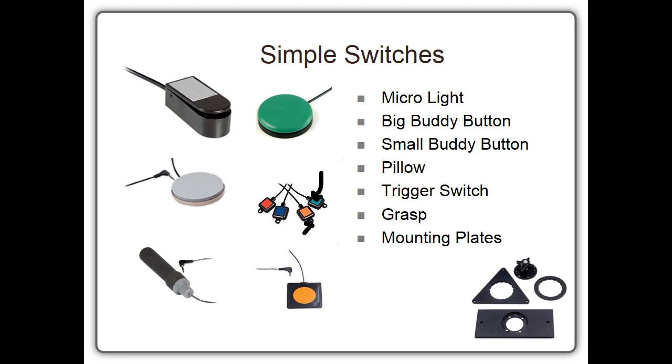The grasp switch is exactly what it says. It's a grasp switch, and that allows an individual to put their hand around it and close their fingers into their palm and grasp that switch, and then it would send that activation forward, activating whatever it is plugged into. And then one that I did not list on here, but I added at the last minute because I do like this switch.